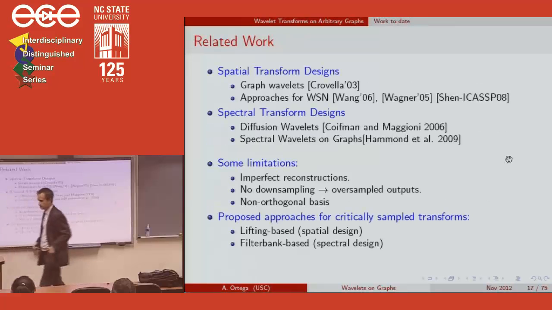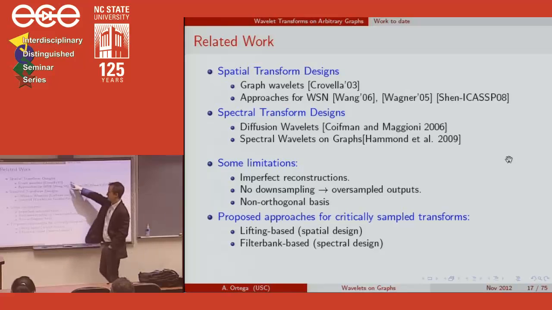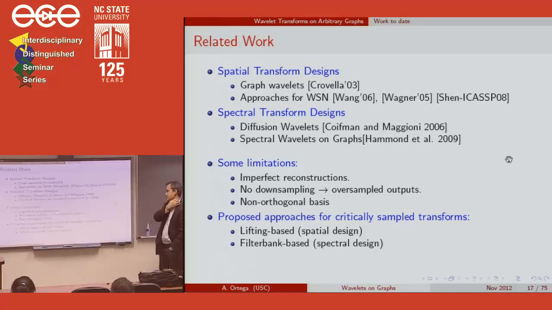All right, so a bit of related work, and then we'll go into contributions. There's basically been not a lot of work in developing wavelets for graph signals, and I think the earliest that I'm aware of is Crovella and Kolaczyk in 2003. You have designs that are based on the vertex domain, and you have spectral designs.